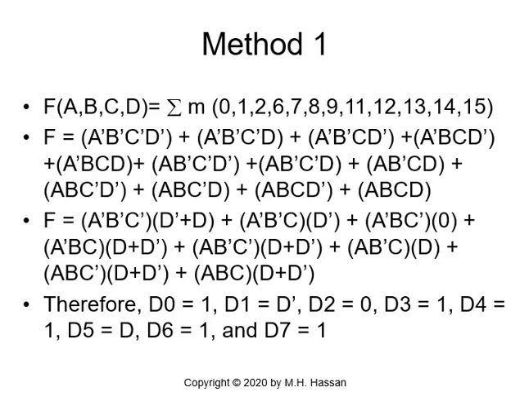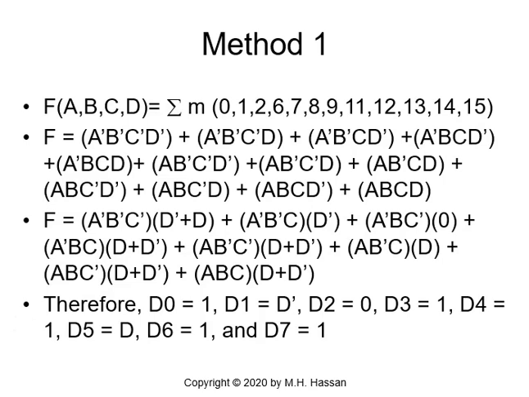We just express the function as a function of 3 variables, A, B, C, and we found the minterms M0, D0, M1, D1, up to M7, D7, then we calculated the Ds from the function easily, and this is by simple Boolean algebra manipulation.